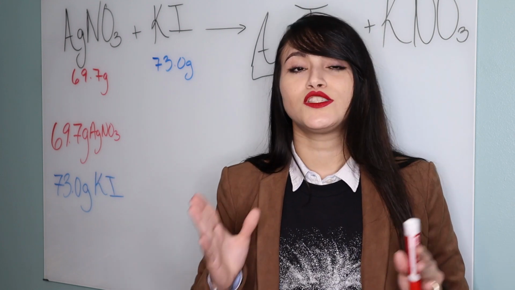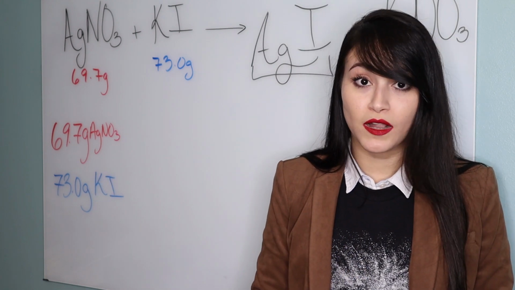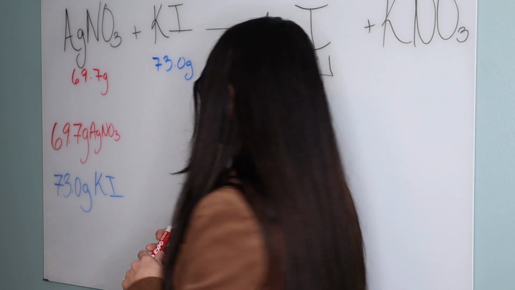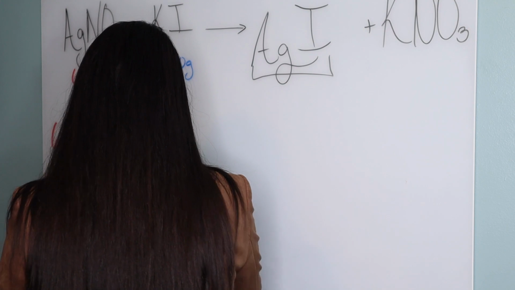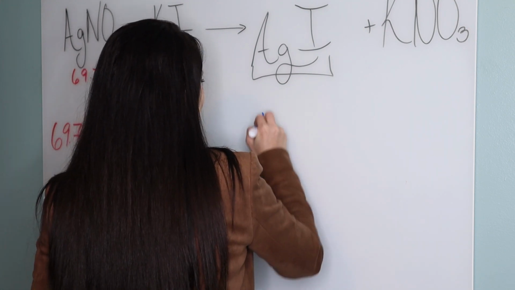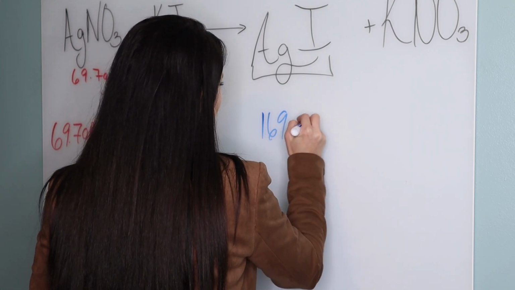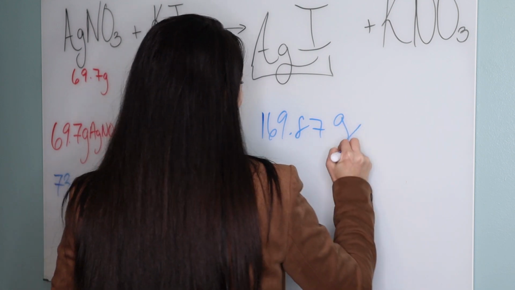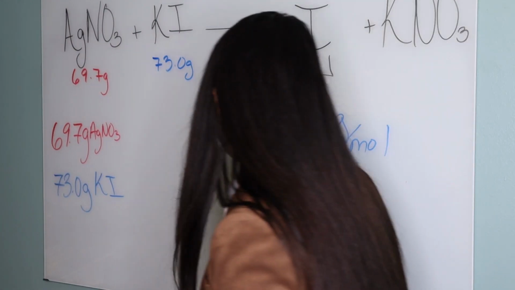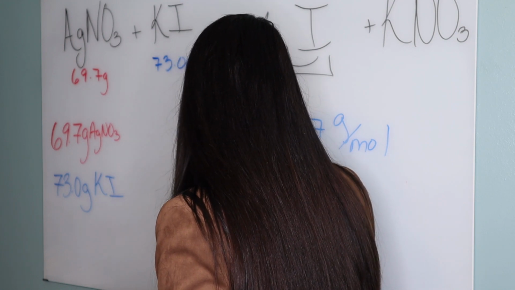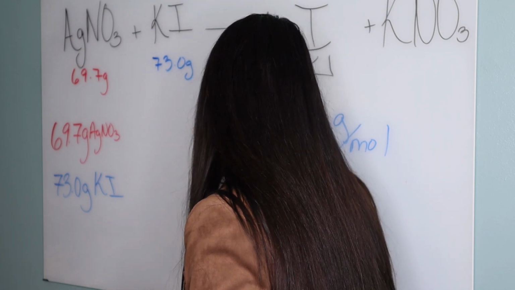And to go from grams to moles, we have to use the molar mass. So the molar mass for silver nitrate is going to be 169.87 grams over mole. And this is the same thing as this.